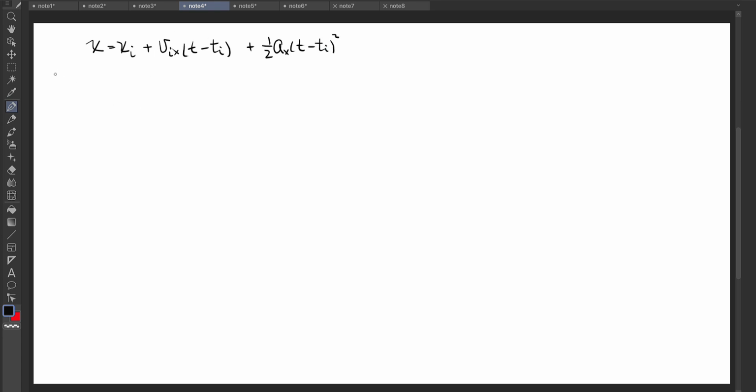Okay, so we know xi is the initial position, right? It could be positive, it could be negative, but that doesn't actually affect the shape of the diagram a lot. So I'm going to just assume that all my drawings apply to a positive xi, so that I can save some space in the drawing. I only draw the positive initial x.